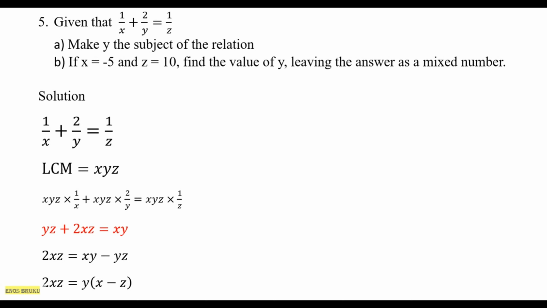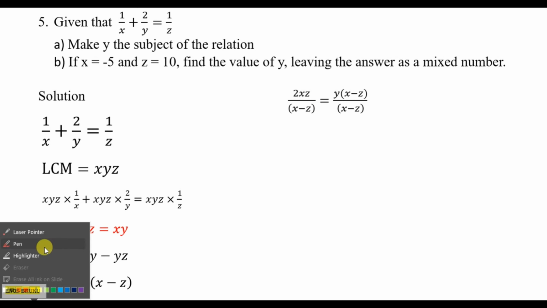Okay, so now that we factorized, the next step is to find a way to remove this x minus z from here so that the y can stand alone. In doing so, we're going to divide both sides by x minus z.